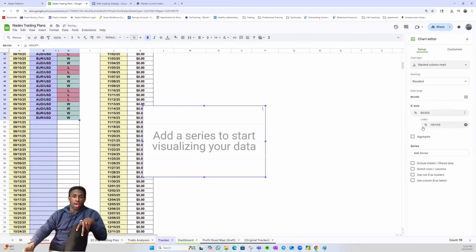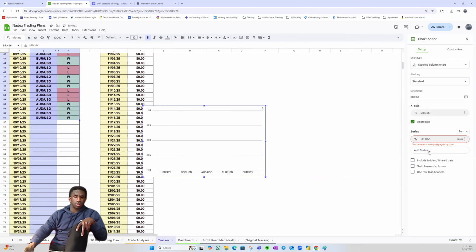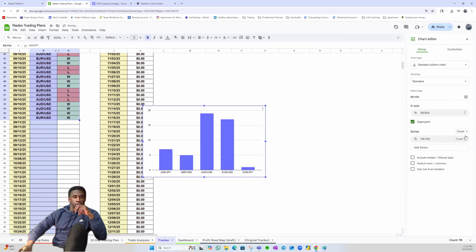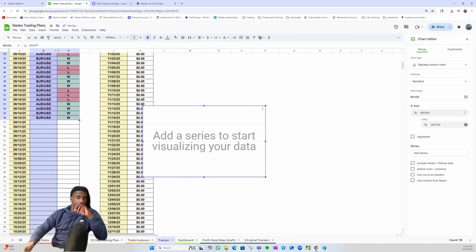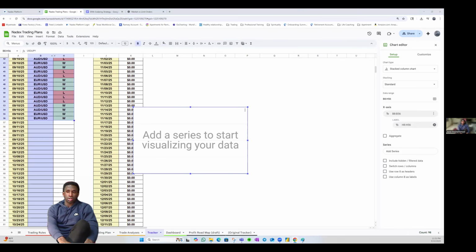So I want it to be stacked. I wonder if there's a way to do that. Y'all bear with me.